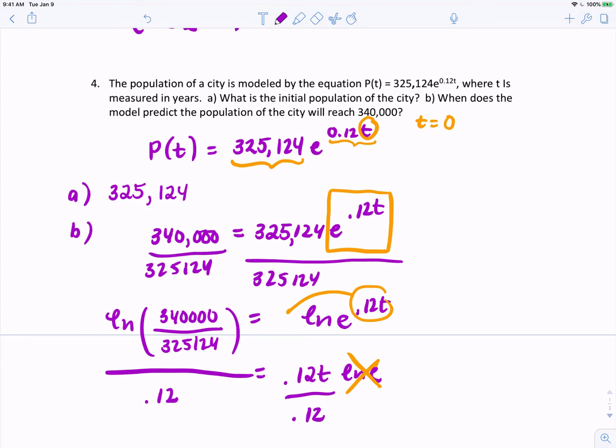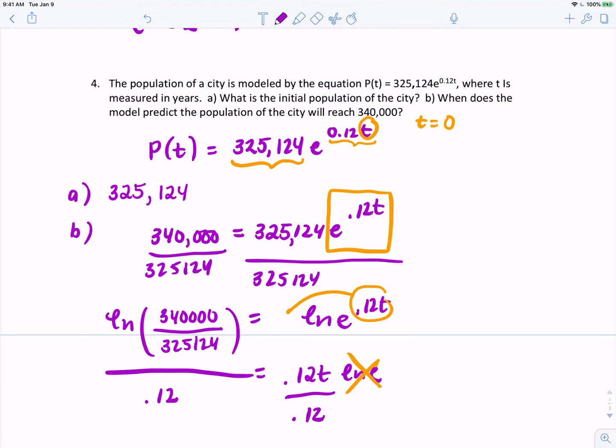So let's see what that would be. We have the natural log of this kind of gross fraction, which we'll then divide by 0.12. Let me try that again. I think I lost a 0 somewhere. Let me just make sure.